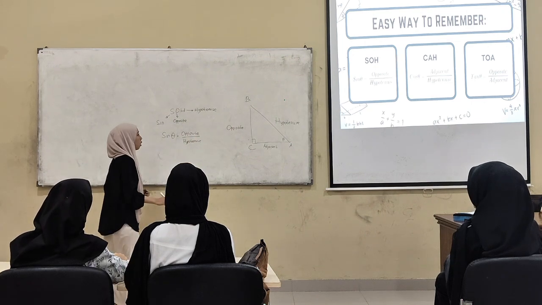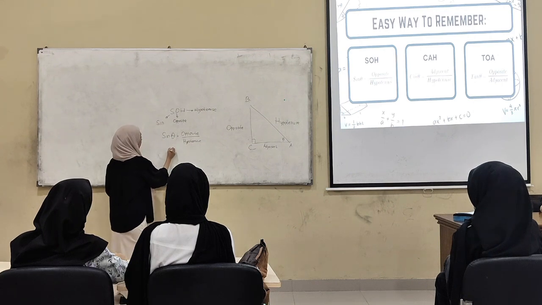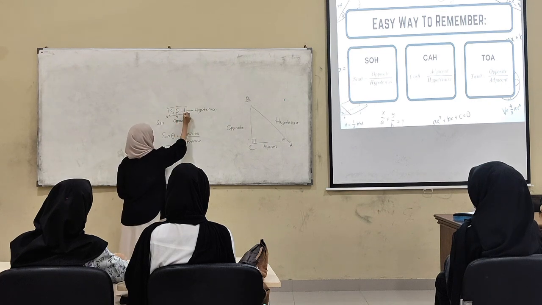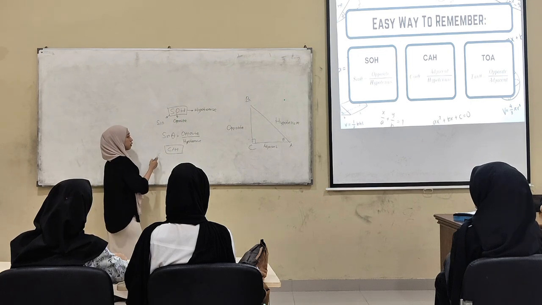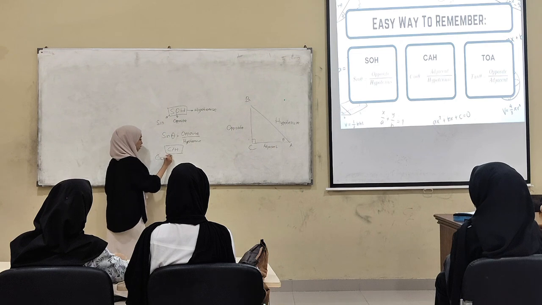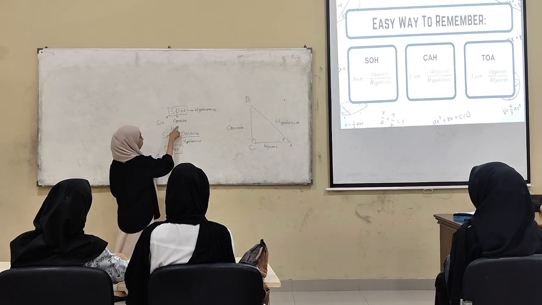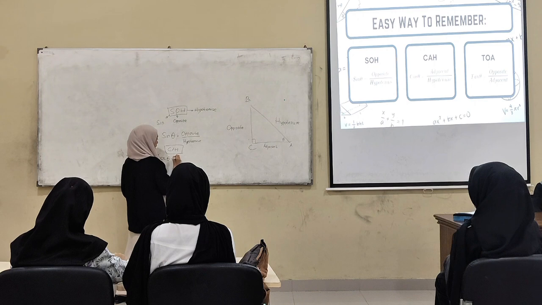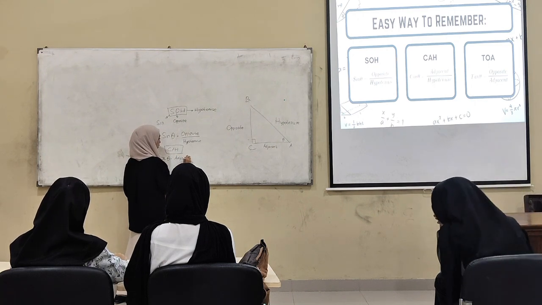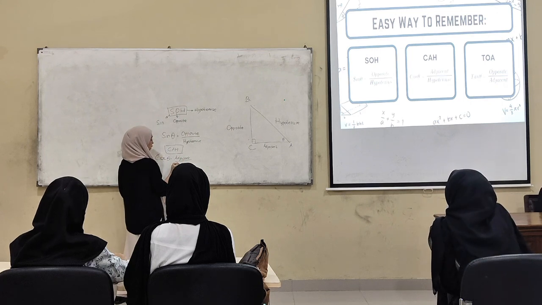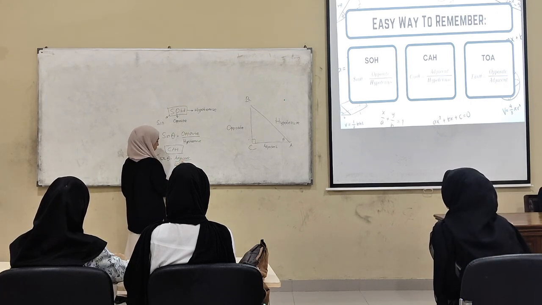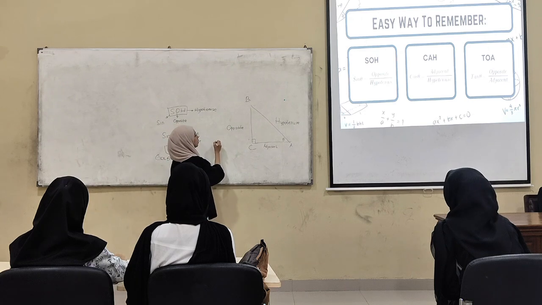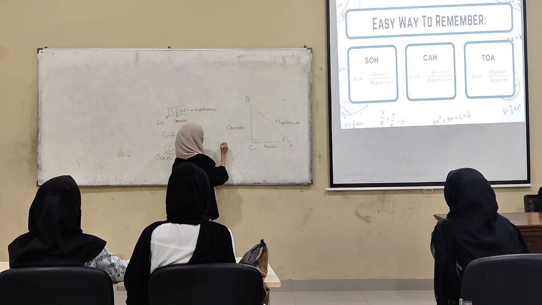Okay, that's right. So what about CAH? C is for cos, A is for adjacent, over H for hypotenuse. Then the last one is TOA.